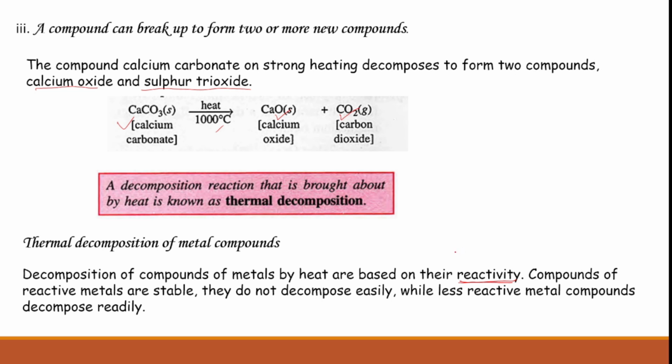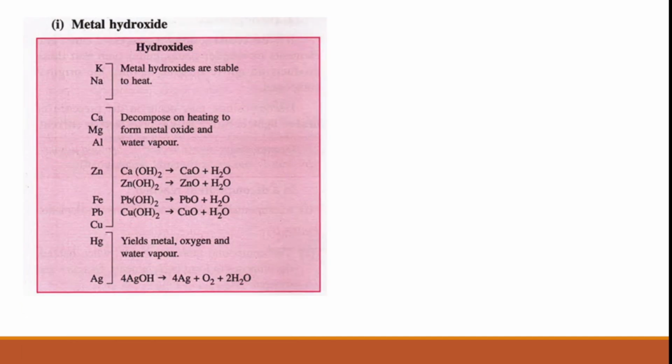Compounds of reactive metals are stable. They do not decompose easily, while less reactive metal compounds decompose readily. They undergo decomposition reactions easily. So the decomposition reaction proceeds based on the position in the reactivity series. We will see one by one.